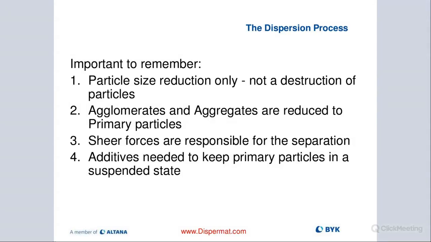We're using a Cowles blade in the dispersion process with the teeth that help us put in enough shear. And that is really the responsible component for that separation. And then, as I said before, we need to also look at the right additives to help us keep these particles in a suspended state once they have been separated.